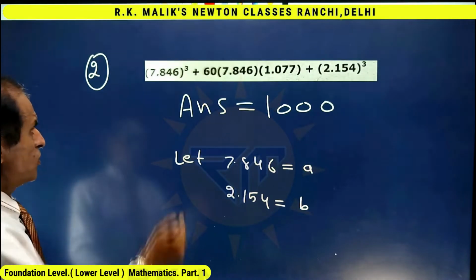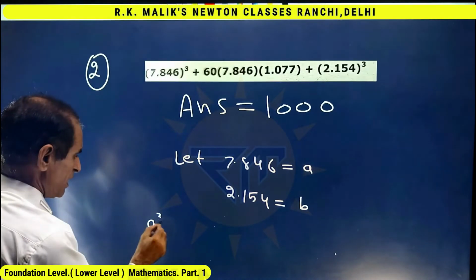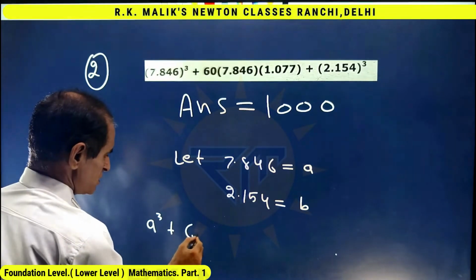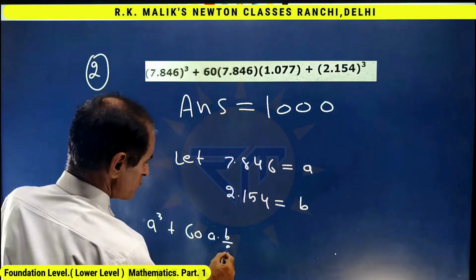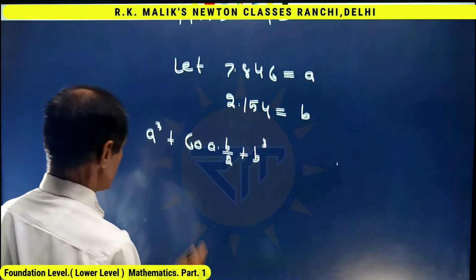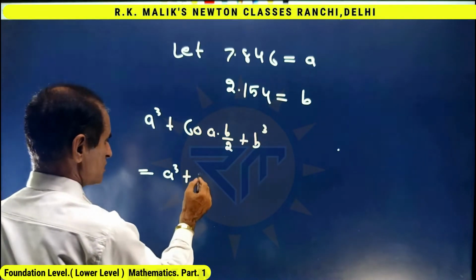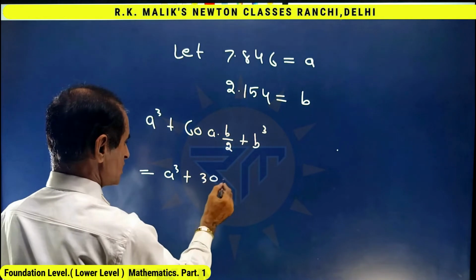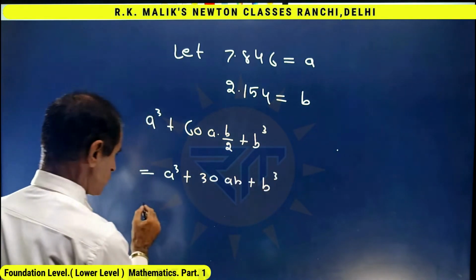Hence, you can write the quotient as A cube plus 60 A into B by 2 plus B cube. That is, it is A cube plus 30 AB plus B cube.